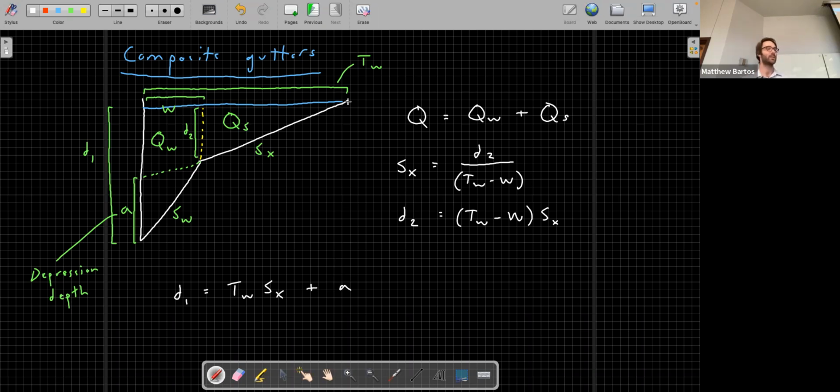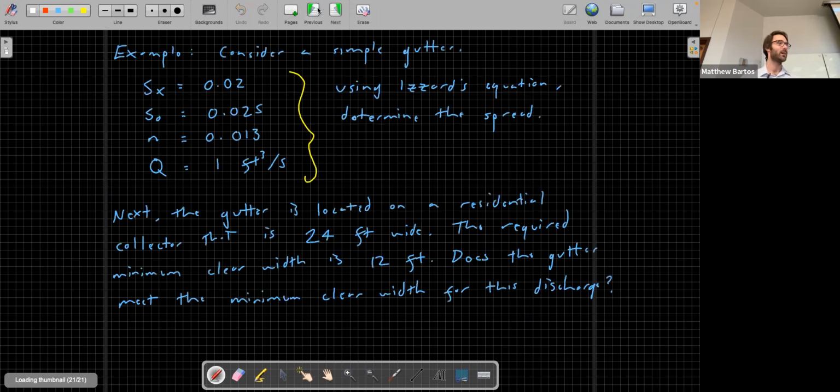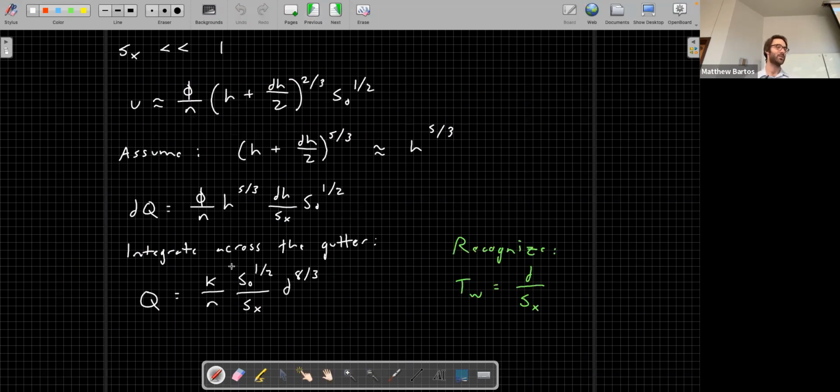Okay, so what we've done is essentially we've computed this length here by taking the spread times the shallower slope, and then we're just adding the depression depth to get D1. And all we have to do is we take these different depths here and we plug them back in to our expression here.